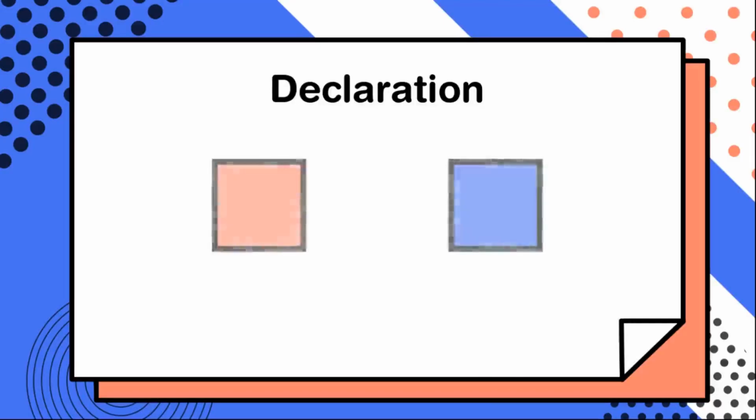Okay, C gave us two boxes in which we could declare our variables. But how could we differentiate between them? C asked us for two names for these boxes.